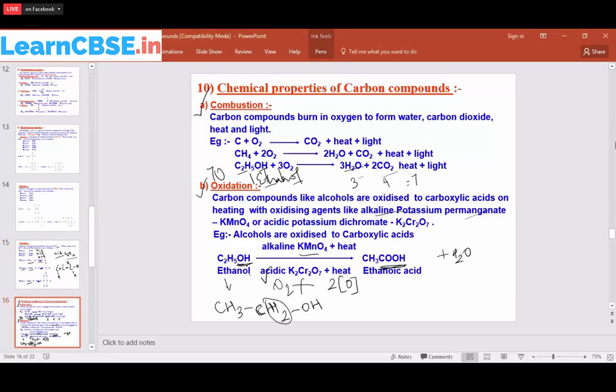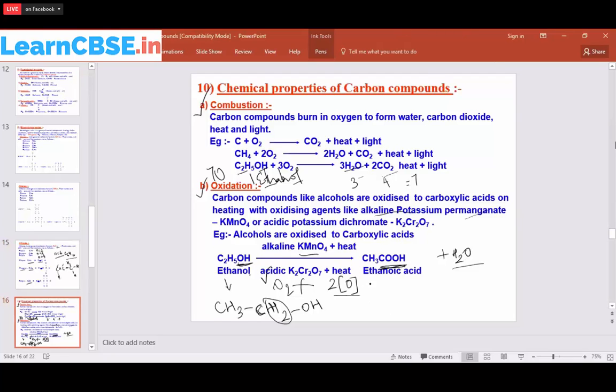So C2H5OH, ethanol, when we are treating it with acidic potassium dichromate or alkaline KMnO4, these two will supply the two oxygen atoms. One oxygen atom will combine with the H2 and form H2O, and another oxygen atom will combine with this carbon and form the COOH.